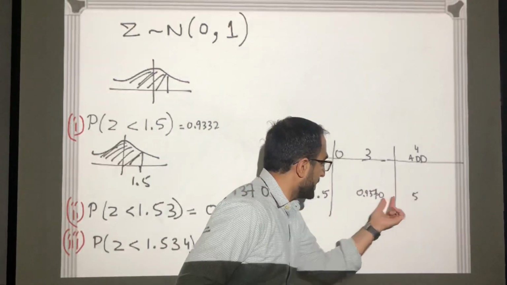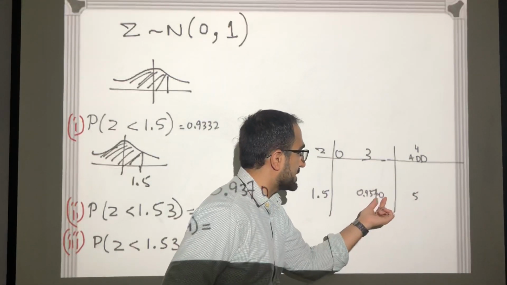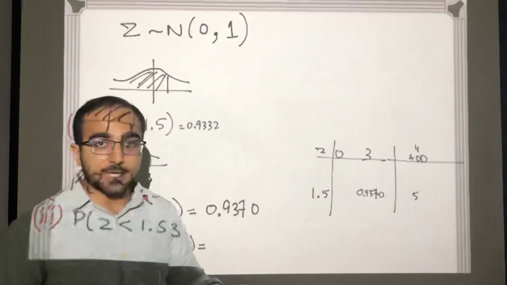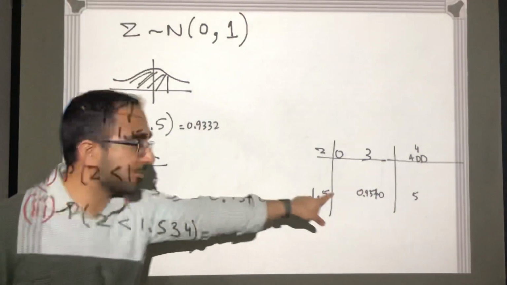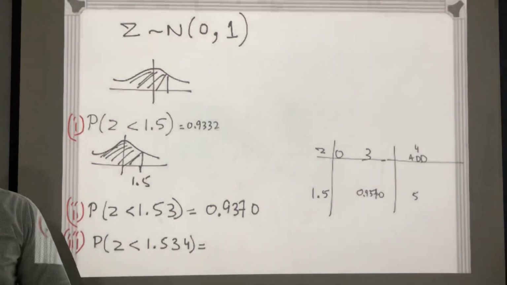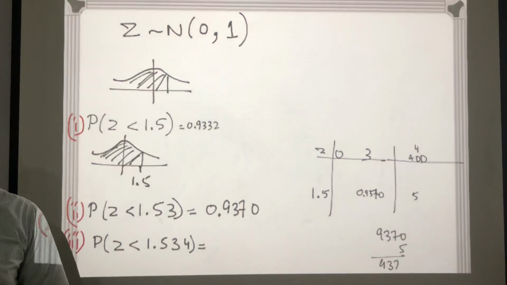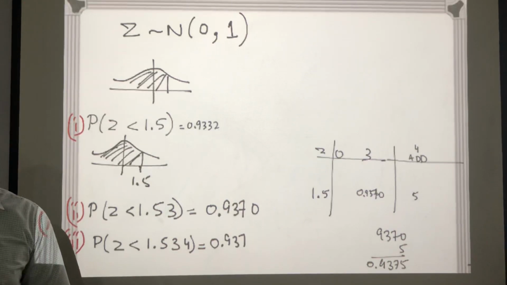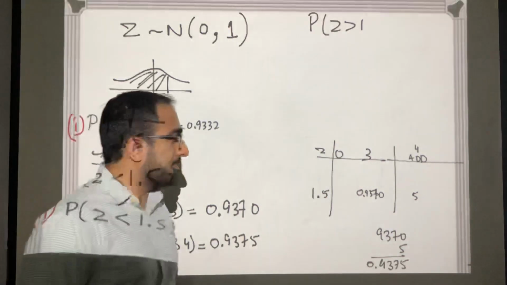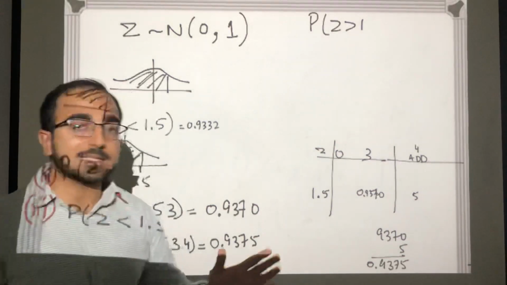This 5 needs to be added to the last digit. So in this case, it will be 0.9375. 9370, add 5 to the last digit, and that will give you 9375. That's the probability of z less than 1.534. Right? So you need to keep in mind that this is for values of z less than a certain number.